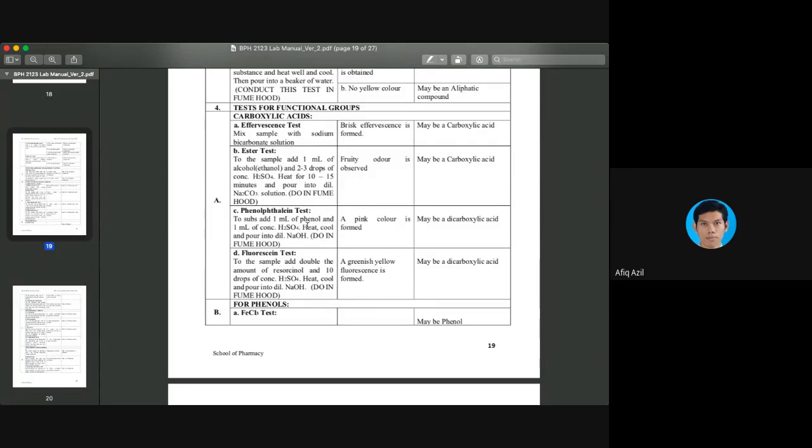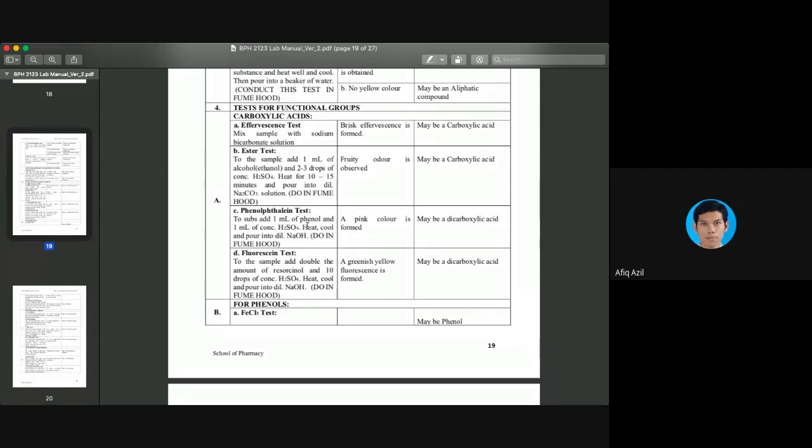This is one of the tests that you can do to differentiate between carboxylic acid and phenol. Phenol is also slightly acidic, but it can only react with sodium hydroxide, for example, not bicarbonate salt. So the effervescence test is one example of a chemical test that you can use to differentiate.